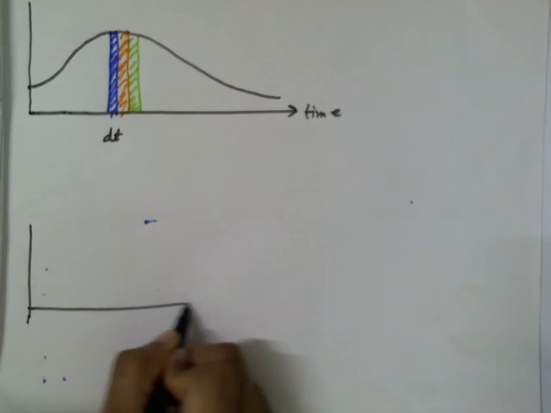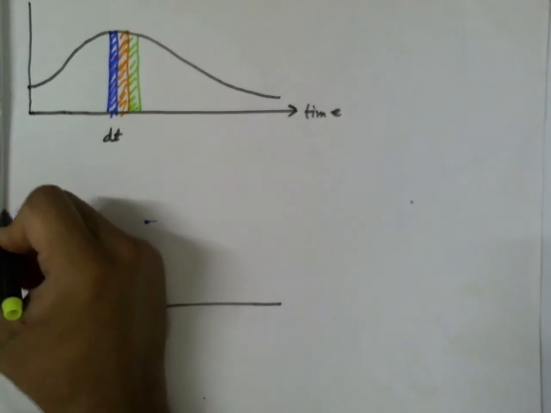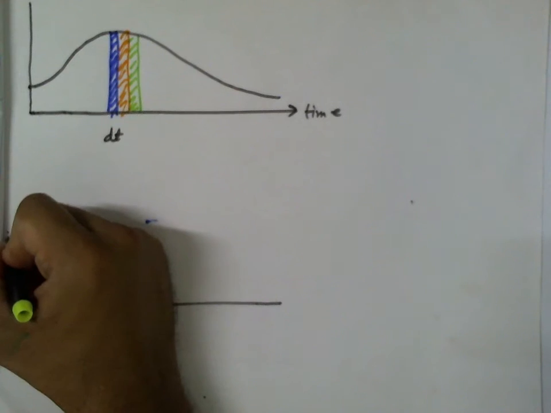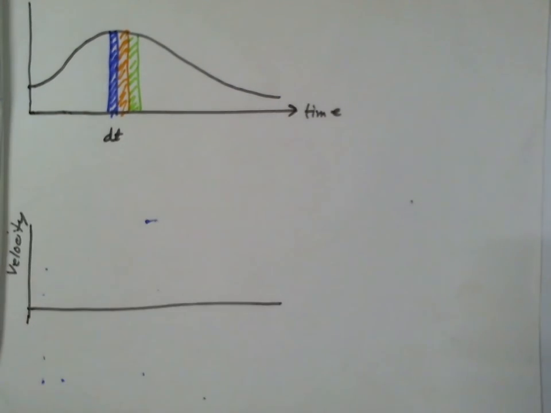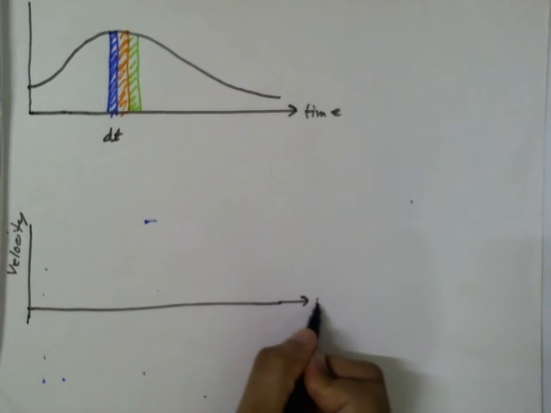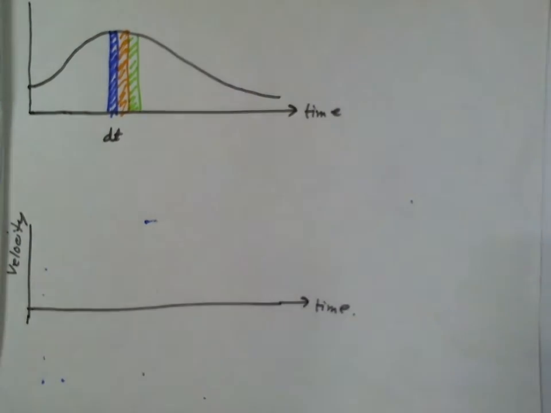Then here I'll find the velocity of the rocket. So velocity, I'll find it graphically as a function of time. To do that, let me draw two more functions.